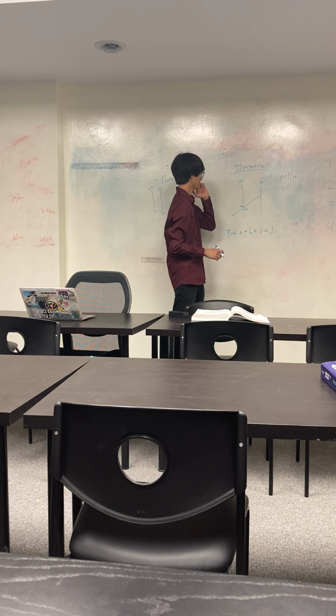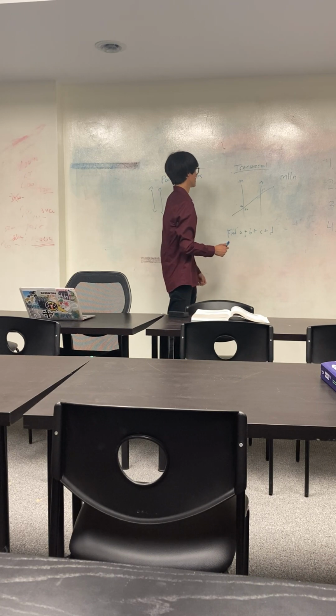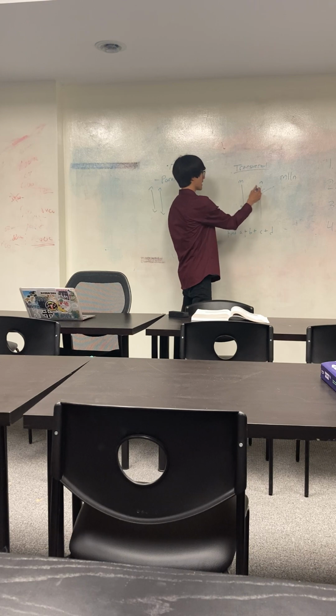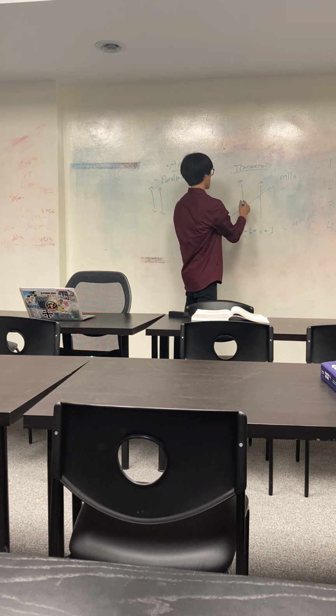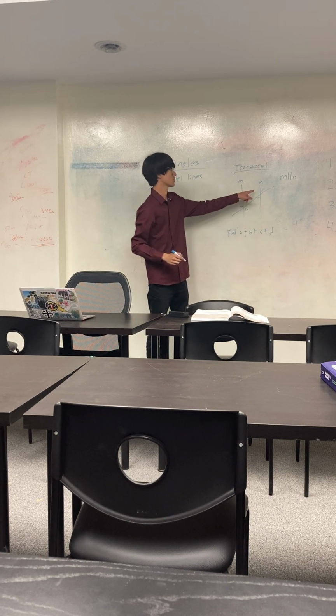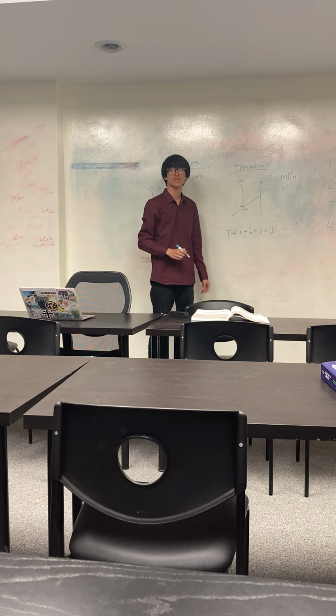And so, since we have two pairs, right? We have two pairs of one acute angle and one obtuse angle. Well, if we take one obtuse angle and we add it to an acute angle on a straight line, what does that equal? 180, right?